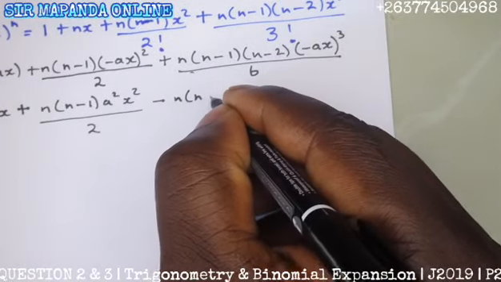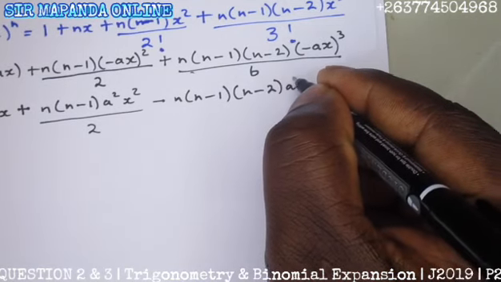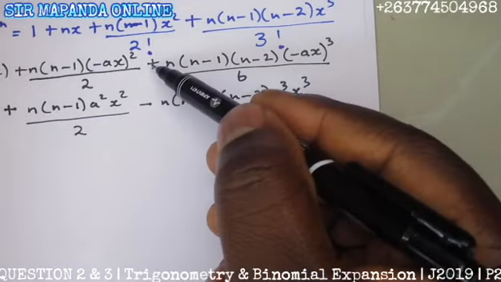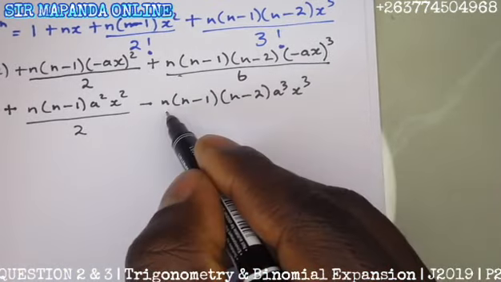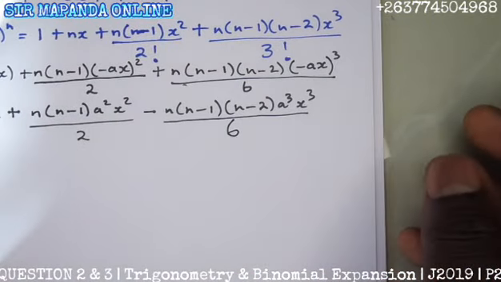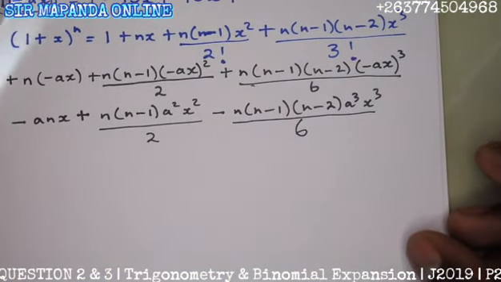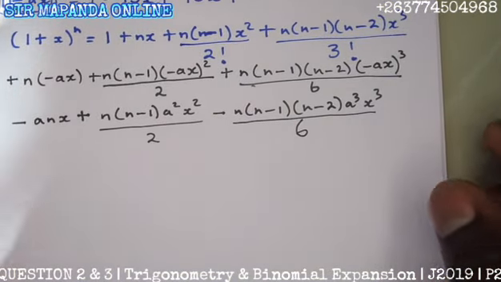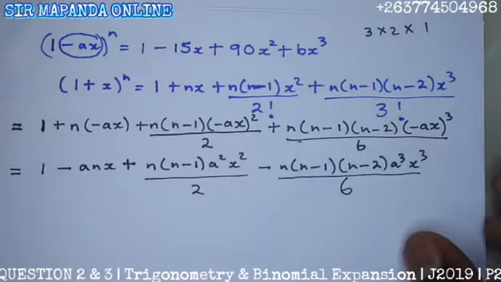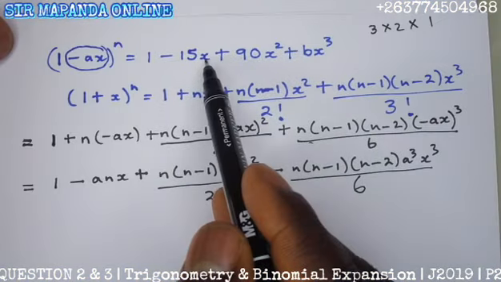So n minus 1, n minus 2, a cubed, x cubed. So the negative times the positive, you get this negative. Then you divide everything with 6. Right. So at this stage, you are now equating the coefficients to formulate what you call the simultaneous equations. You can clearly notice that the coefficient of x is minus 15.